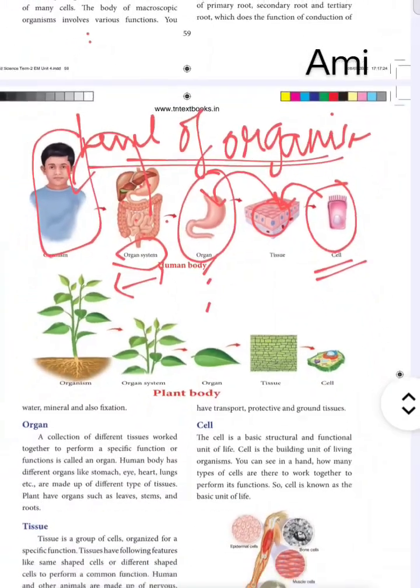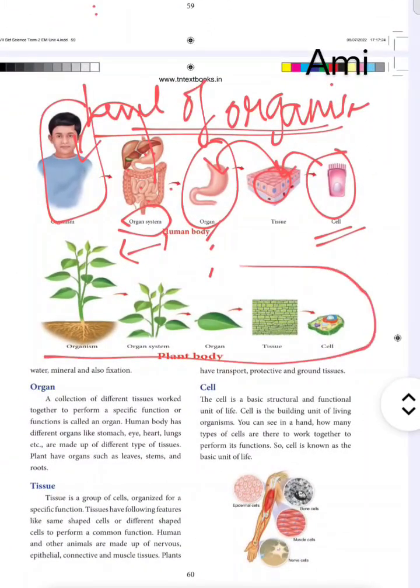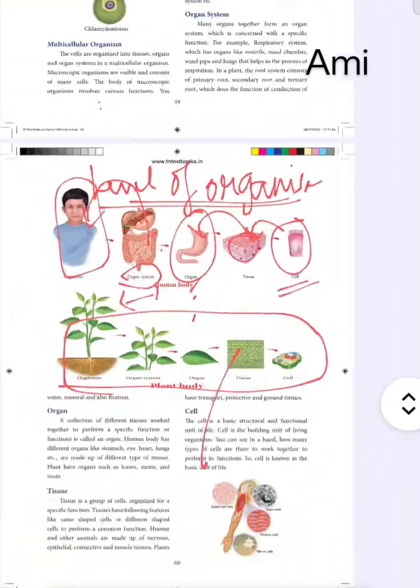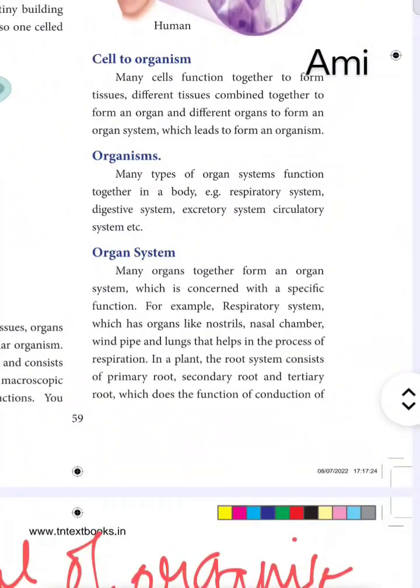It's similar in the case of plants too. You can observe here. So, the first component of life starts as a cell. Many cells will function together to form a tissue. Then the group of tissues will combine to form an organ, for example, stomach, heart, liver, all these.